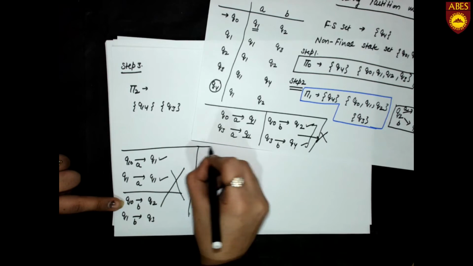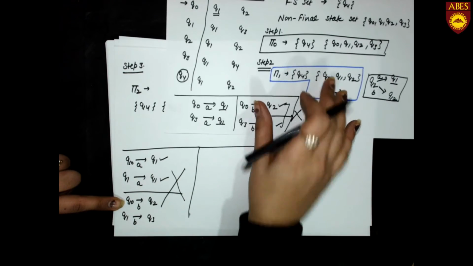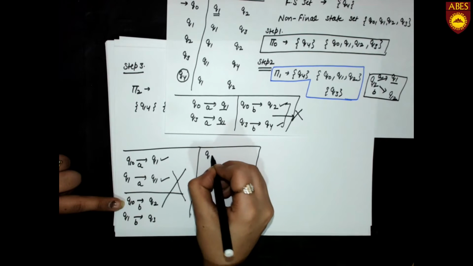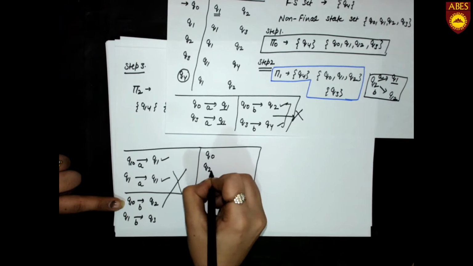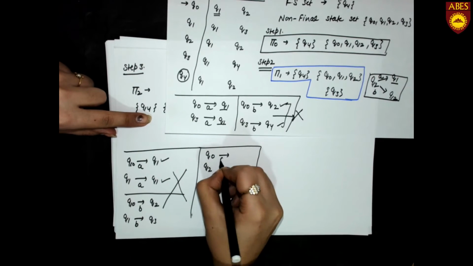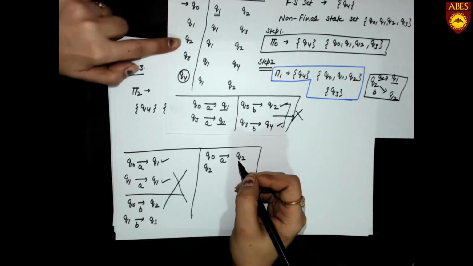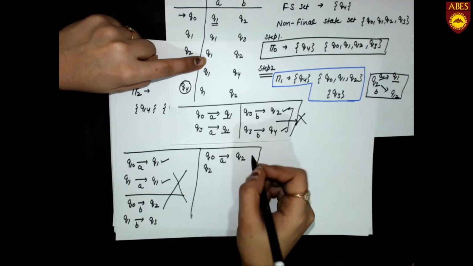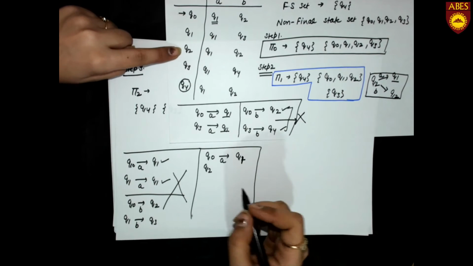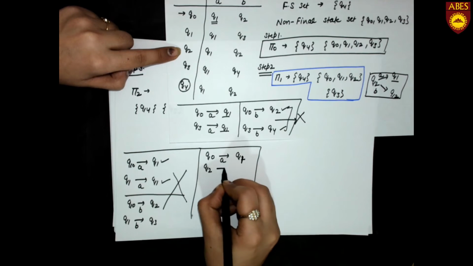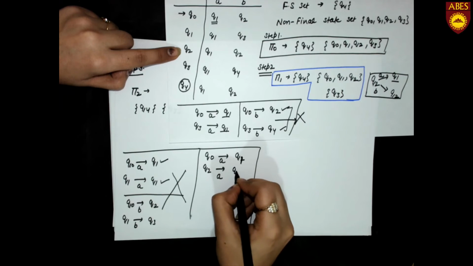Fine. Now we will see the relationship between Q0 and Q2. When we apply input A, then output is Q1. In case of Q2, when we apply input A, output is Q1.